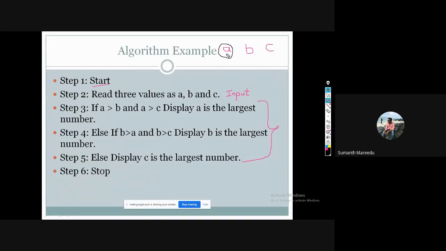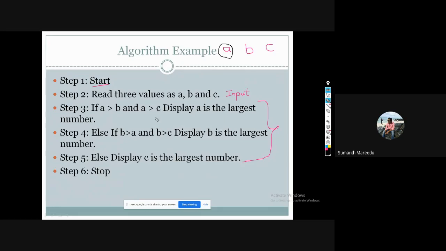If A is the largest number, should I compare with B or C? If I found A is the largest number, is there any point of comparison with the remaining two numbers, whether the largest number lies in B or C? No, no need to compare.